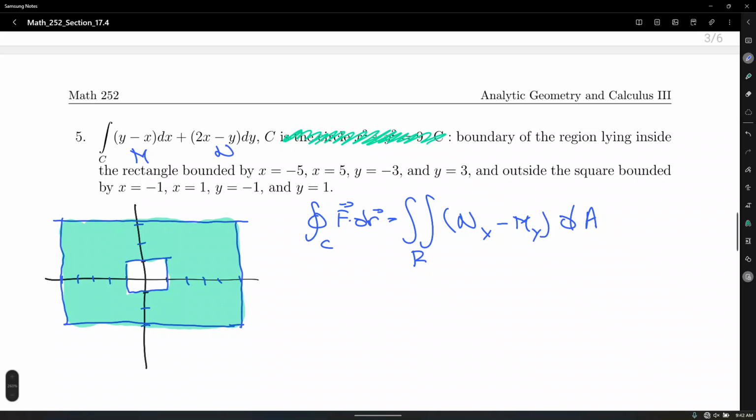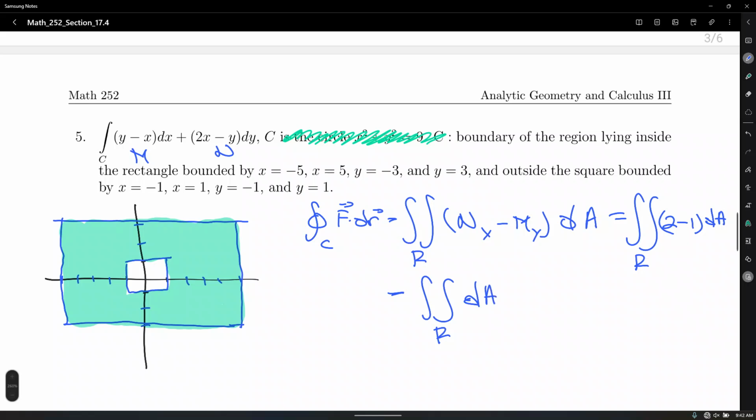Partial of N with respect to x, so that's 2, minus partial of M with respect to y. Isn't that 1? So 2 minus 1 is 1, right? Double integral over the region R of dA.